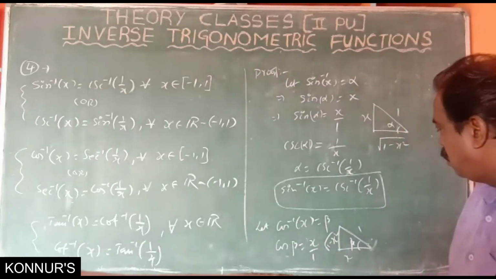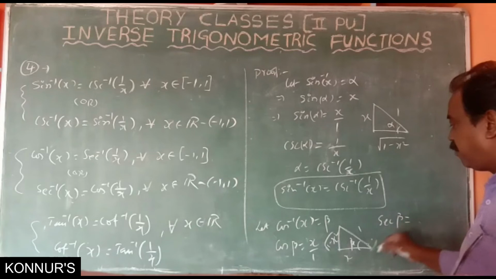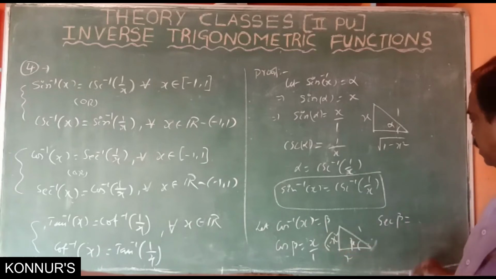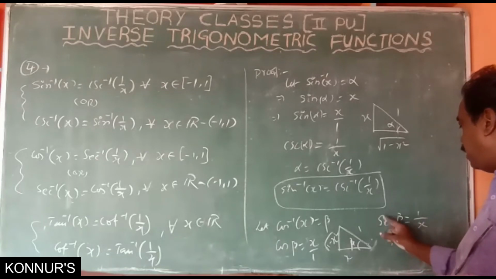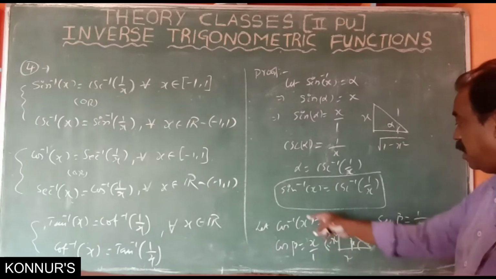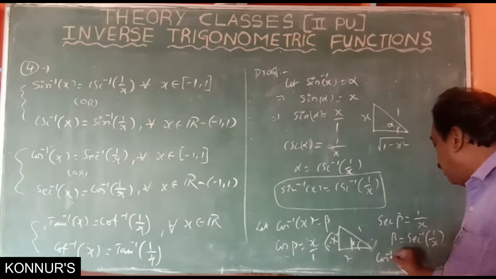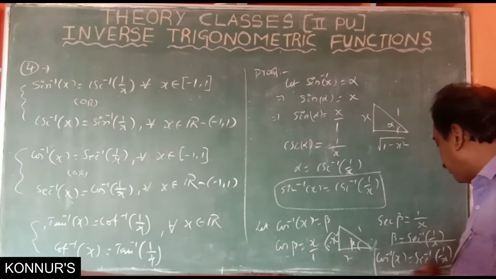Now what is secant beta? In this triangle, hypotenuse is 1, adjacent side is x. Then beta is secant inverse 1 by x. By our assumption, cos inverse x is nothing but secant inverse 1 by x.